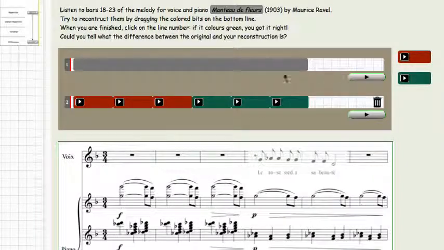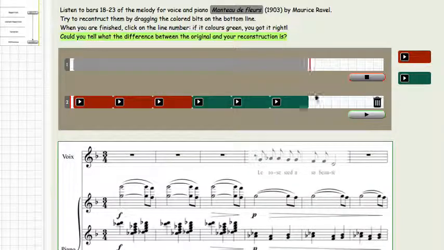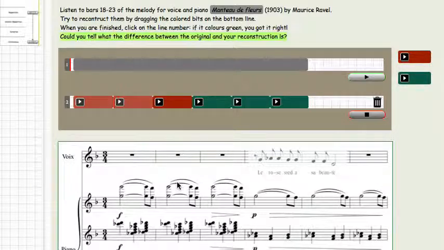So let's listen to the original and then to our reconstruction now, and let's try to find out the difference. Okay, so what we did is correct, but we are missing something.